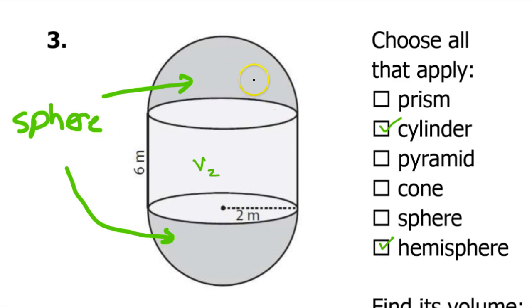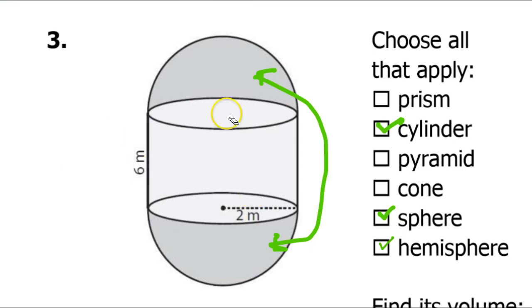Together, they make a whole sphere. So I could look at this as simply a sphere and a cylinder, just those 2 things. One sphere split in half and combined with a cylinder. That's the quicker way to do it, so that's what I'm going to do.